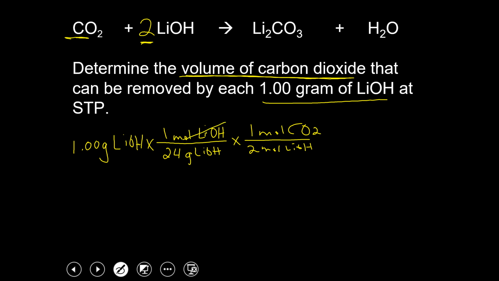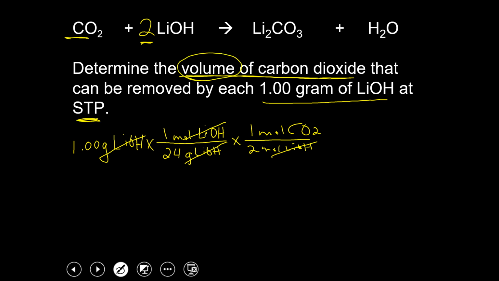I do that so that my moles of lithium hydroxide will divide out. My grams have already divided out. And now if I take 1 divided by 24 divided by 2, I've got an answer for how many moles of carbon dioxide would be produced by this reaction. Now, that's not what I'm looking for. I'm looking for the volume.